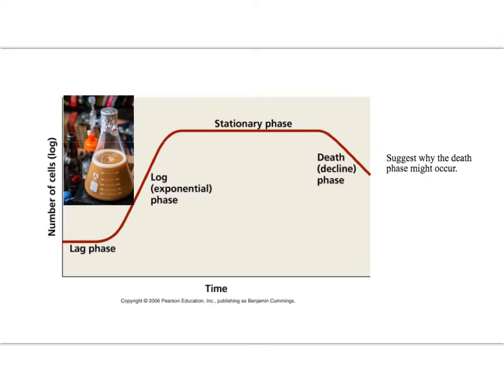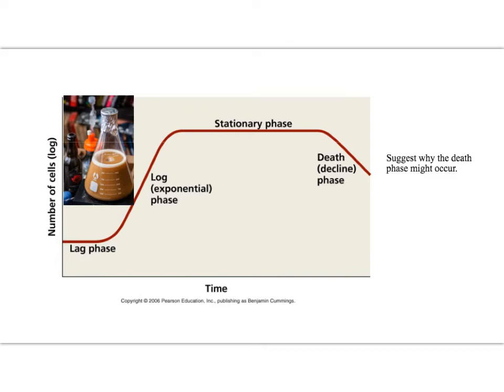And you've got the decline phase. Can you suggest reasons why this might occur? You could just jot that down and pause the video. So this is when the death rate is greater than the rate of cell division. And over time, within the enclosed environment, toxins build up. So it could have become quite acidic. Often acids are produced as a byproduct, or too much carbon dioxide can produce too much carbonic acid in the mixture.